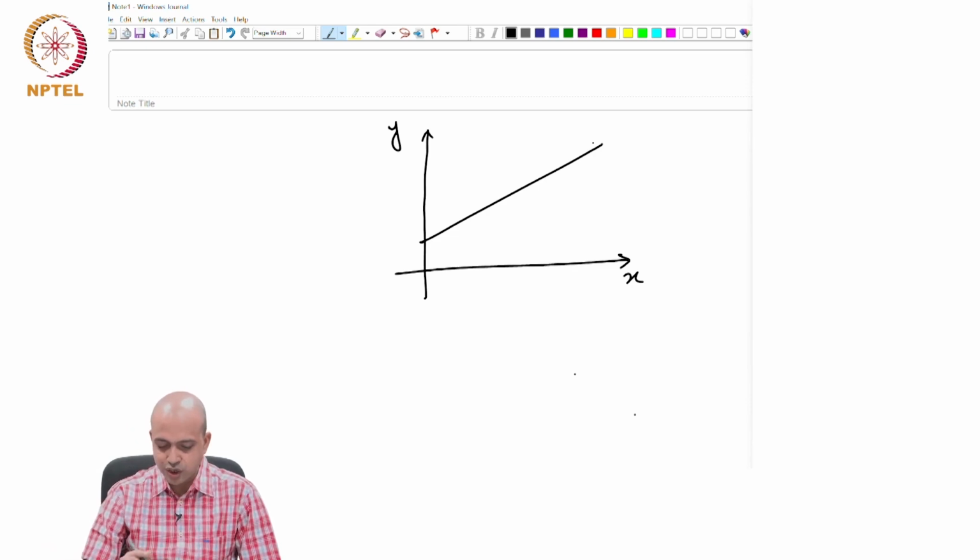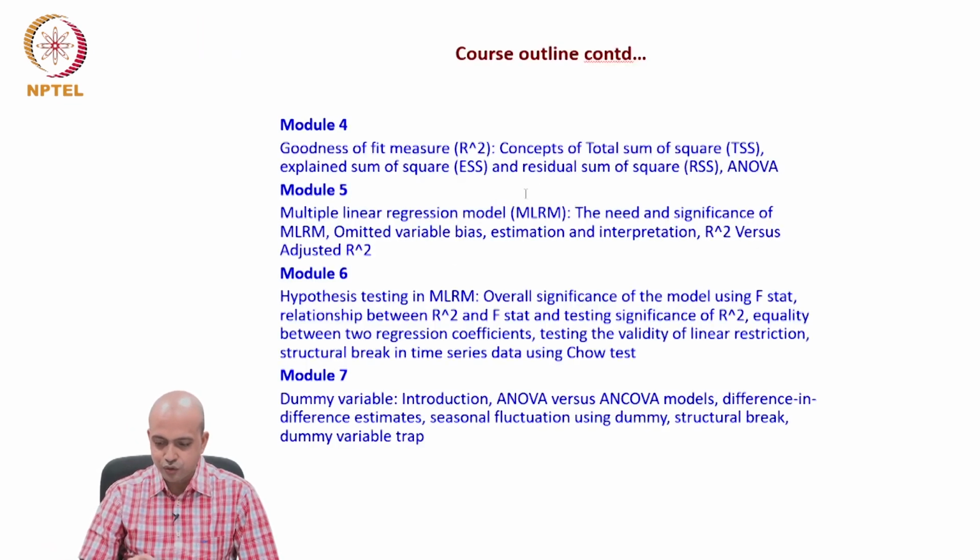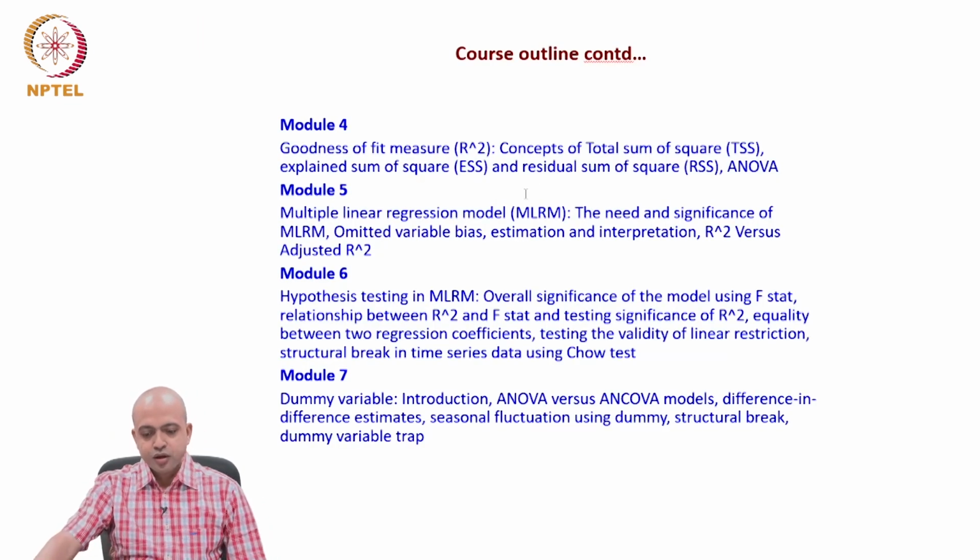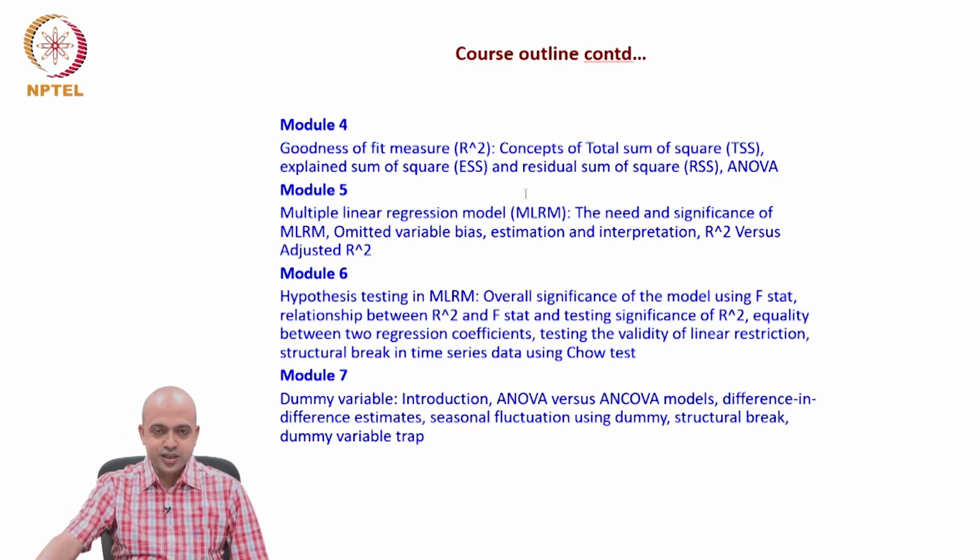So, that means the total variation in yi can be decomposed as a sum of explained sum of square and residual sum of square. So, TSS is actually equal to ESS plus RSS.